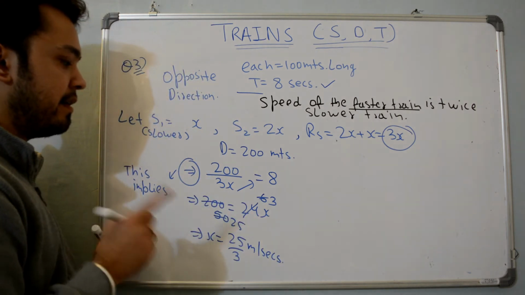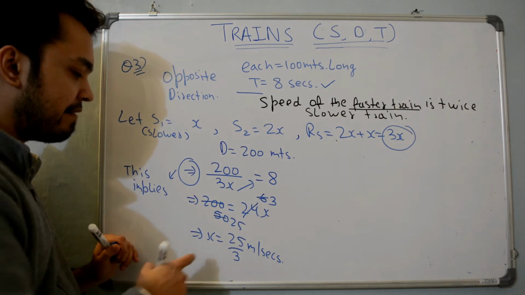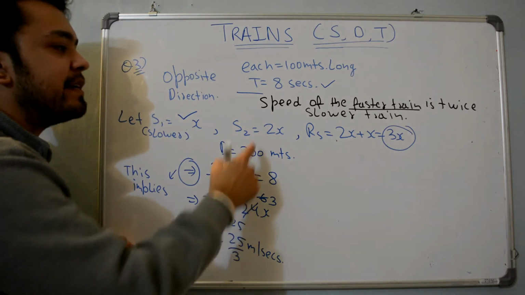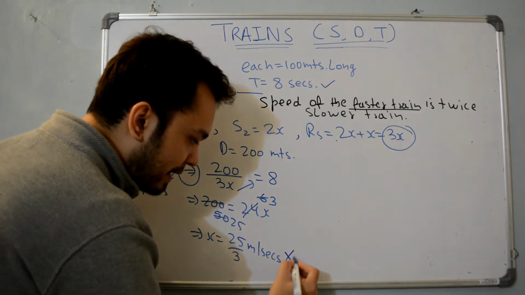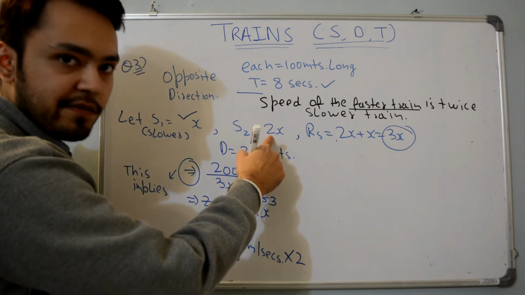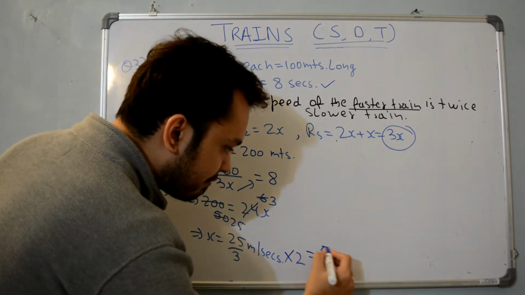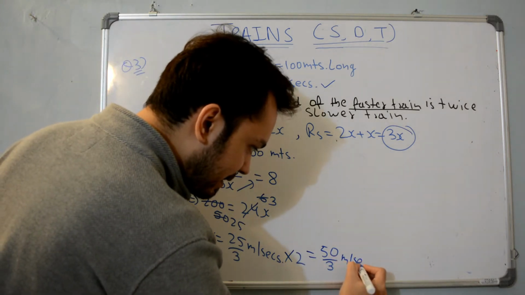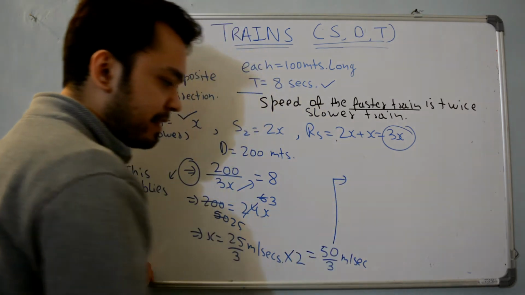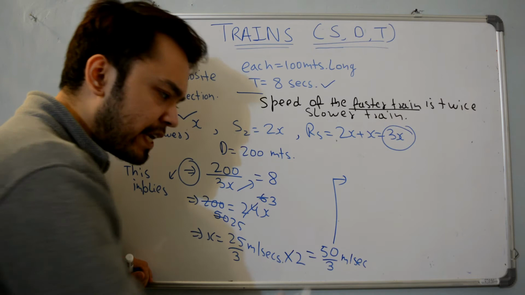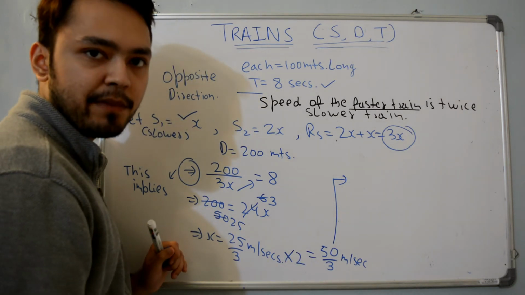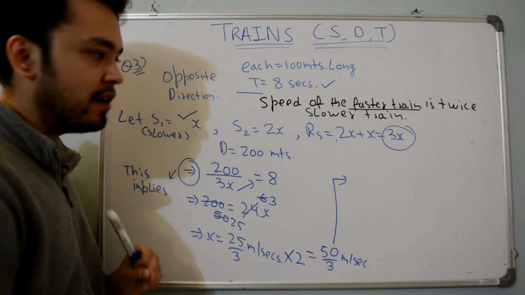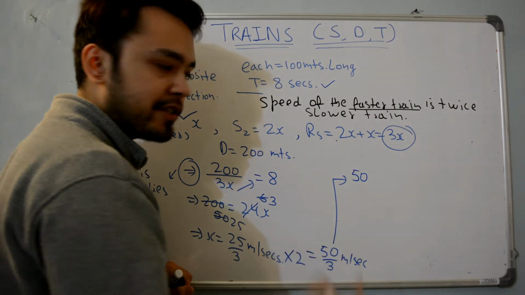Okay, but again note one important thing, that we have found the speed of the slower train. We are yet to find the speed of the faster train. So we will multiply it by 2 because of this formula. So now we will get 50 upon 3 meters per second, right? Now we were given this speed in meters per second. You can leave it here, or for the sake of simplification, or to make the teacher understand that you have understood the chapter well, you can convert it into kilometers per hour.